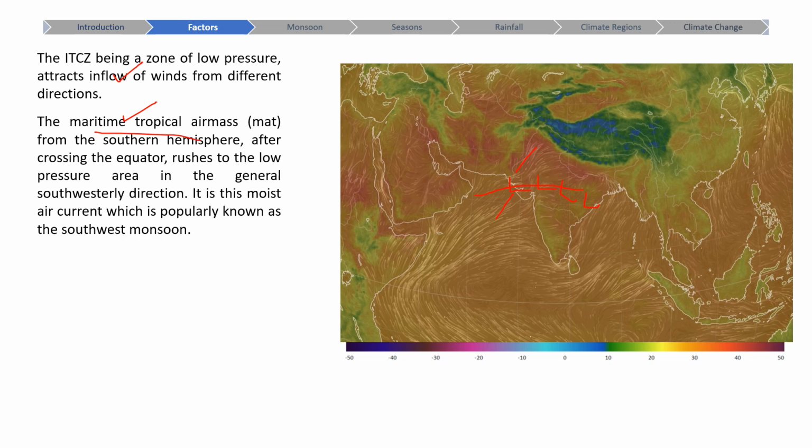So when ITCZ is here, the pressure is low, then it helps what? The maritime tropical air mass is here.